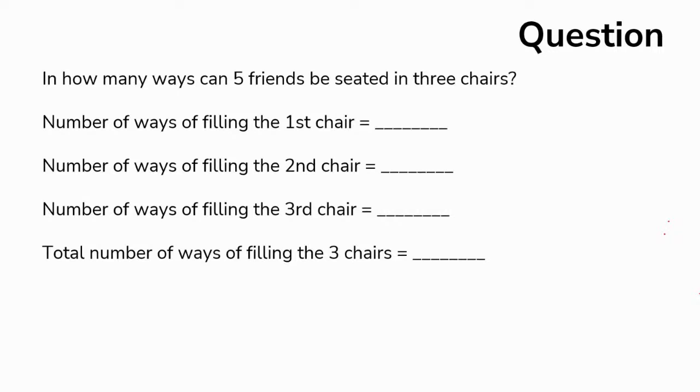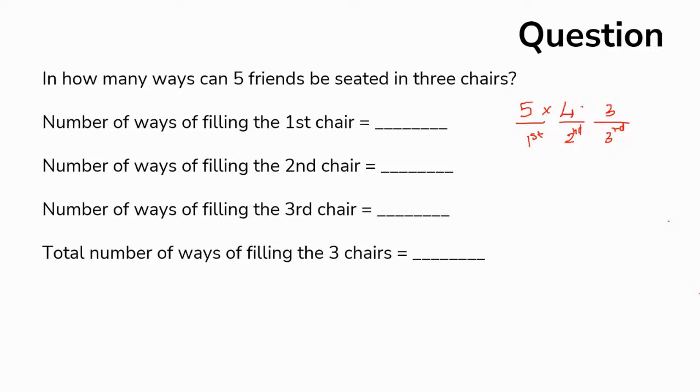So what I can do is, for example, first, second, and third chair. For the first chair, how many possibilities are there? Out of five friends, the first chair can be filled in five possible ways, the second one in four possible arrangements, and the third one in three possible arrangements.